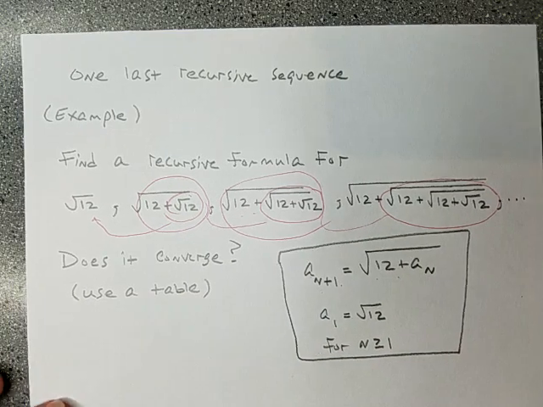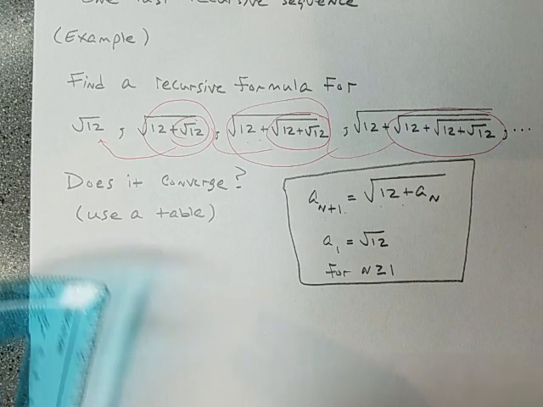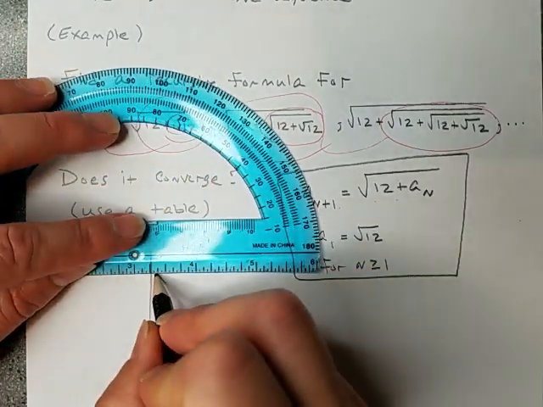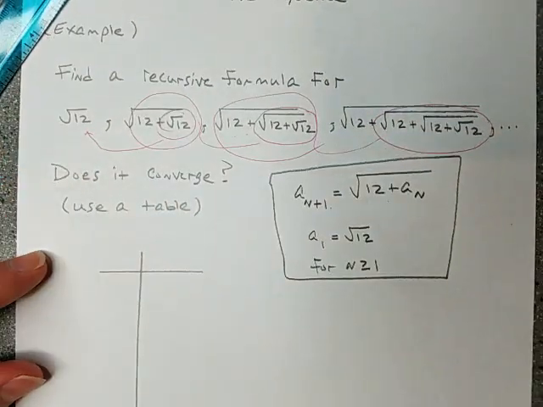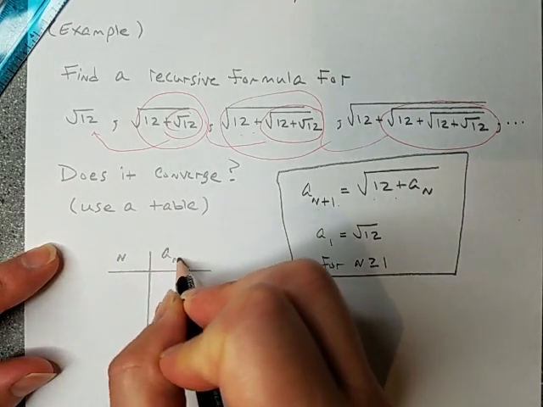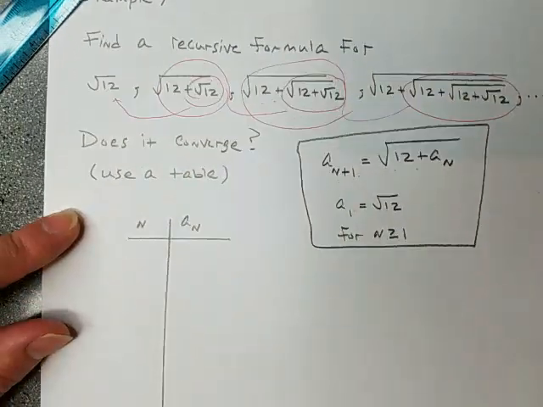Let's do this next. For the converge part, I'm going to leave some of this to you. If I'm making a table, it's just a matter of calculating those numbers. We'll do n here, and we'll find a_n.